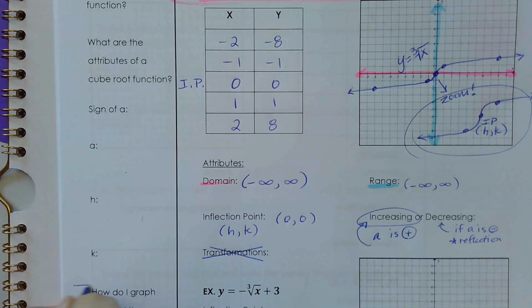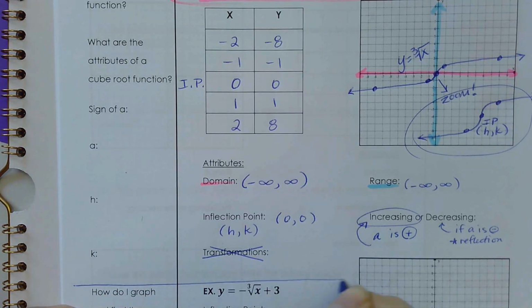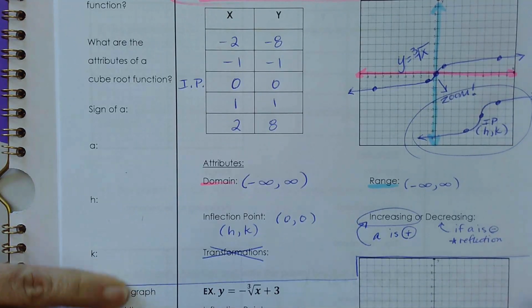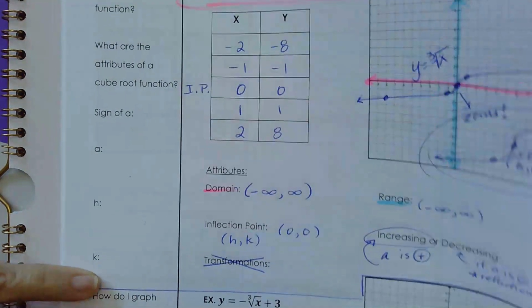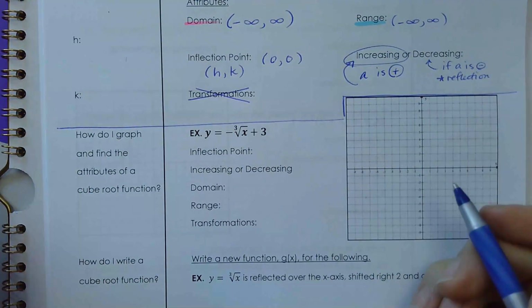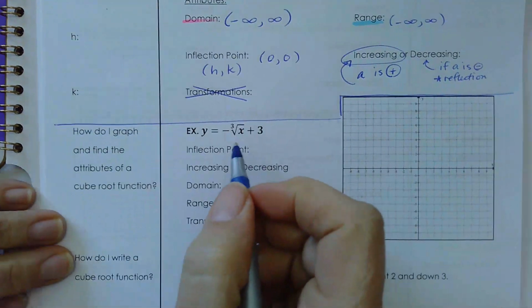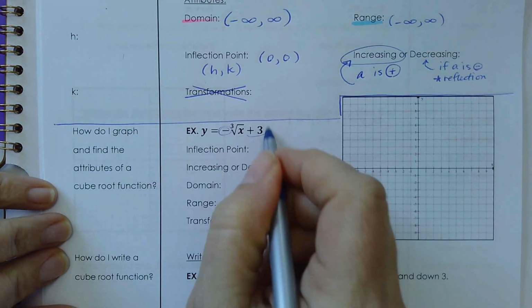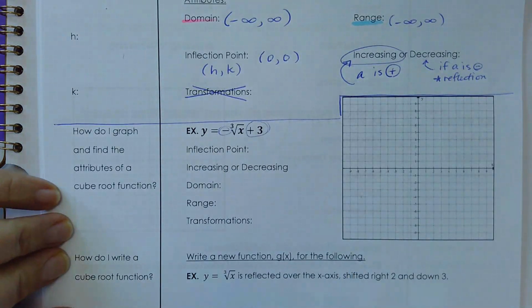Separate this out from the parent. I will do another one right below here. So here I have a transformation equation, because there's a negative here and a 3 here, so it's different from the original graph.